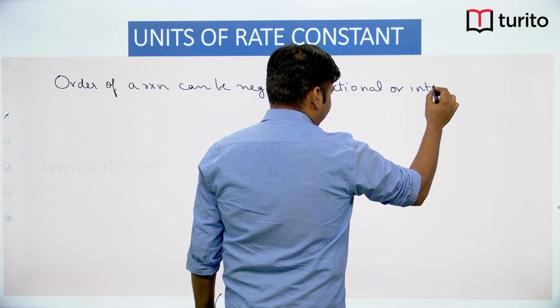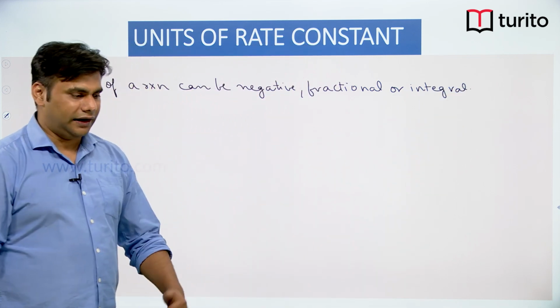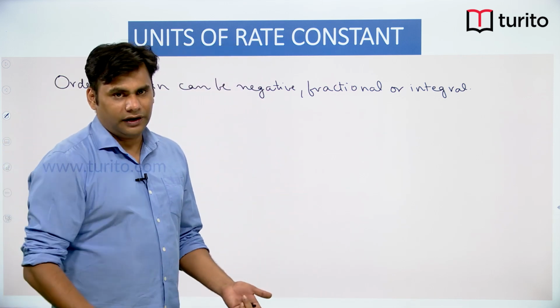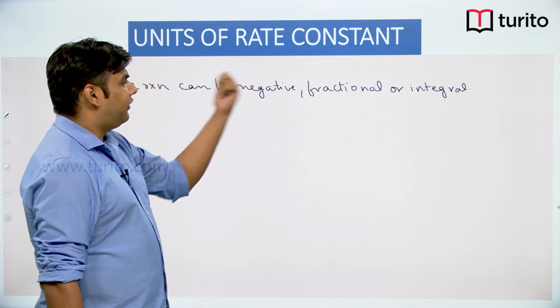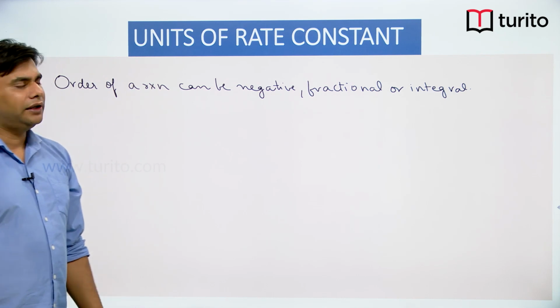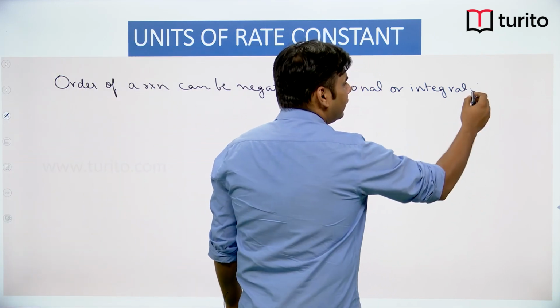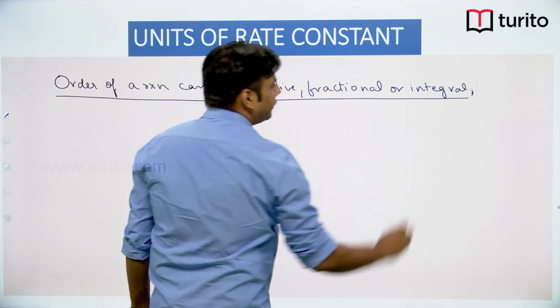Suppose you are changing the concentration of a reactant and the rate increases say 1.3 times. So basically the order would become 1.3. Okay. So basically it can be fractional, it can be negative, or it can be integral, or it can also take a value of 0.